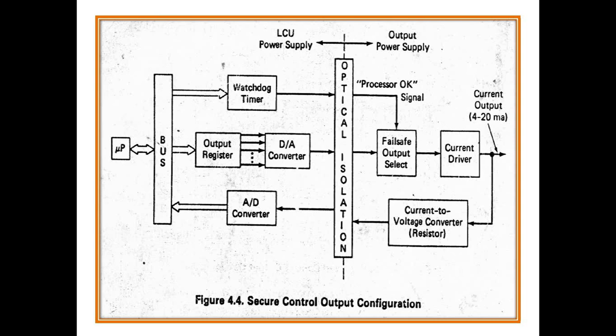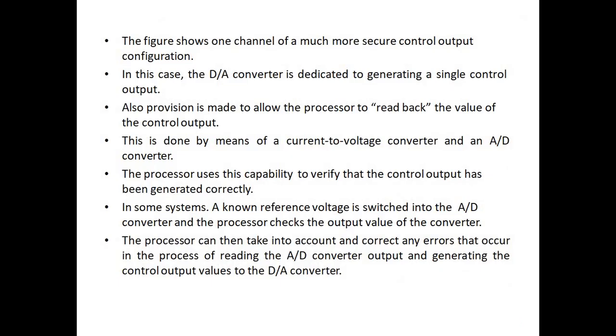On the left hand side is the power supply, and then the processor OK signal, then the fail-safe output select, current driver, and current to voltage converter resistor, then the current output 4 to 20 milliamps.